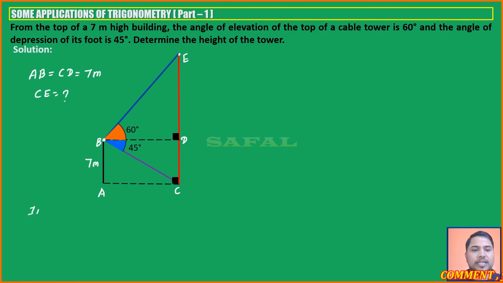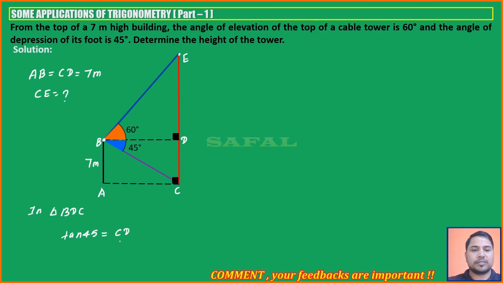So in triangle BDC, I am considering triangle BDC. So tan 45, I can write it as opposite, that is CD, and adjacent is BD. So I'll write CD by BD.